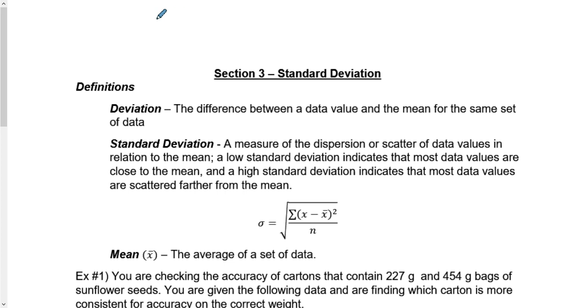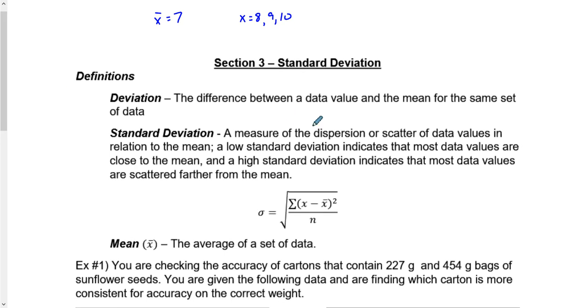So if you have an average of 7, but you have different data values of 8, 9, 10, well, the deviation from 8 would be 1, the deviation from 9 would be 2, the deviation from 10 would be 3. But standard deviation is the measure of the dispersion or scatter of data values in relation to the mean. So basically, it's talking about how spread out this data is.